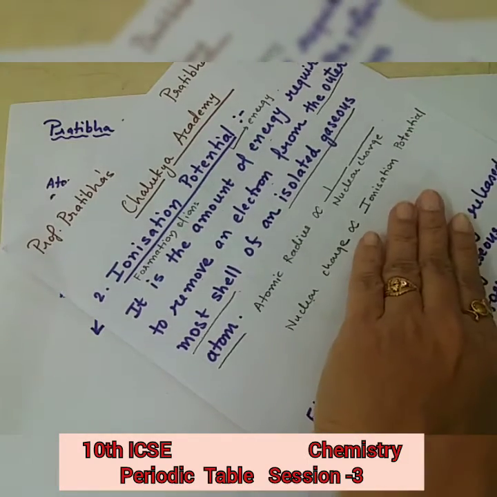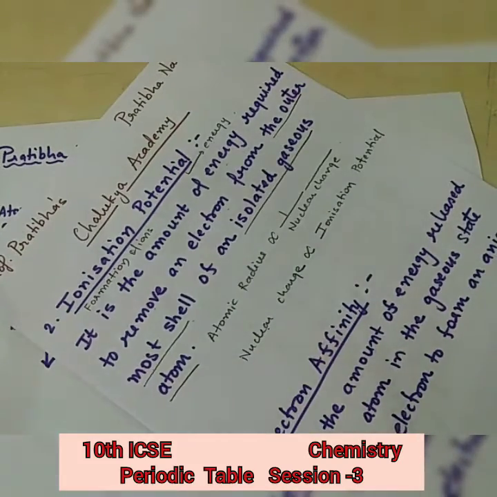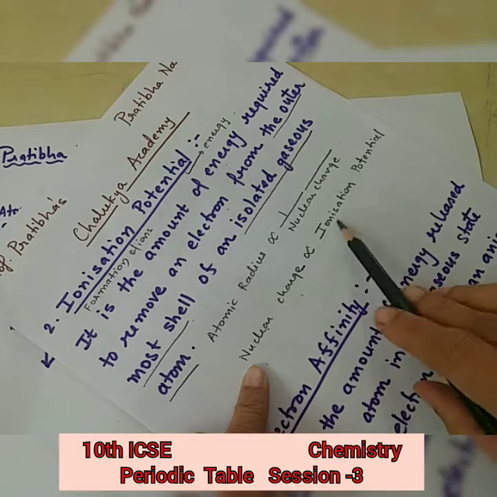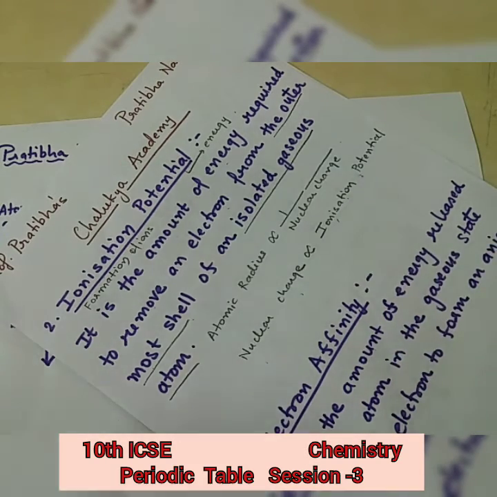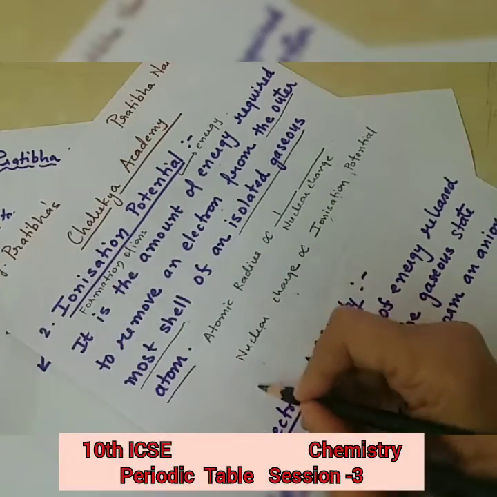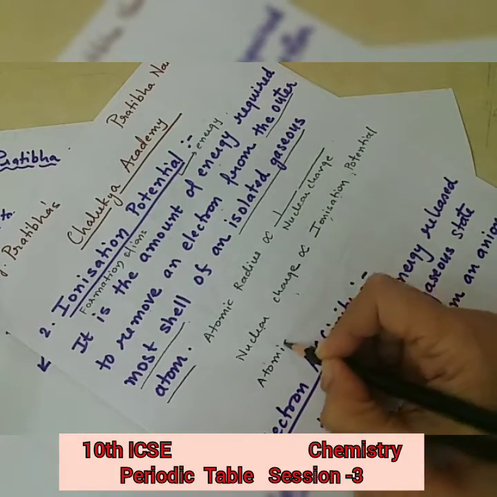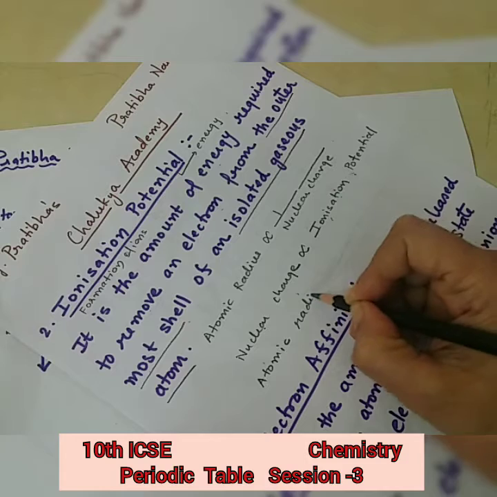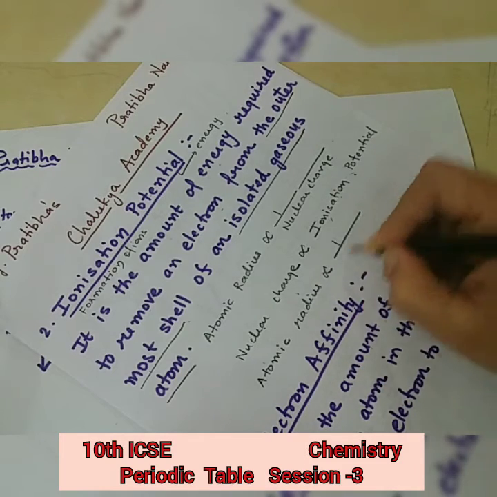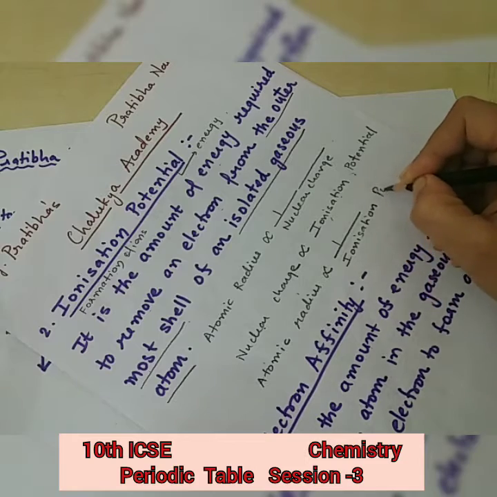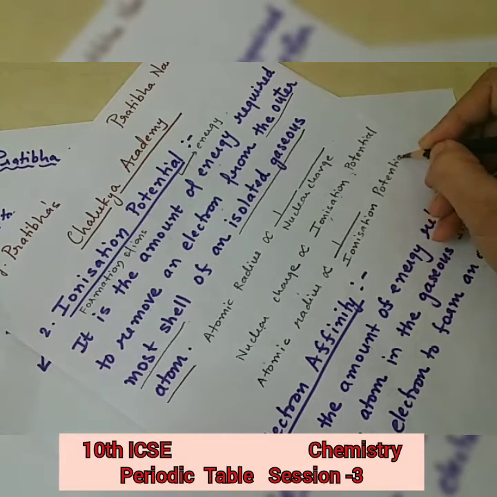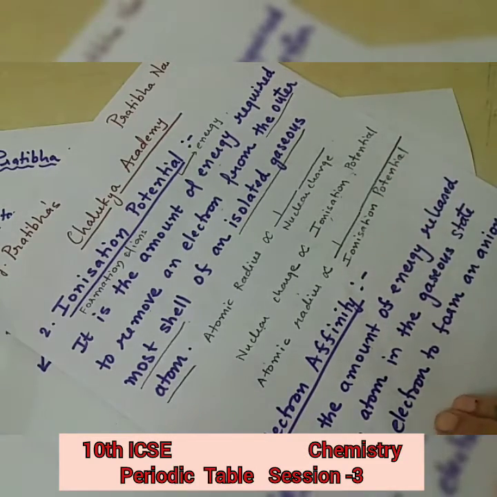So greater the nuclear charge, greater will be the ionization potential. Greater the atomic radius, lower will be the ionization potential. So the relation between the atomic radius and ionization potential is inversely proportional.